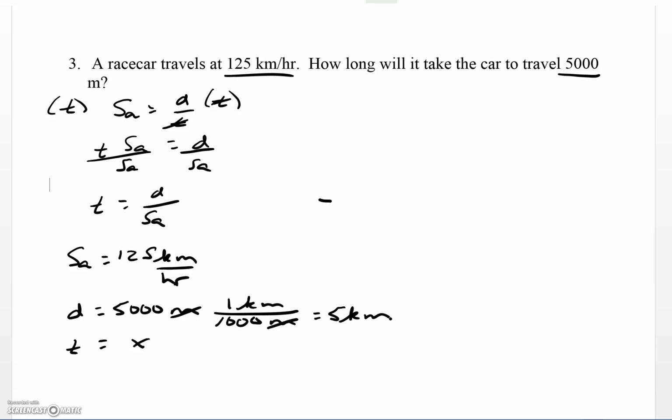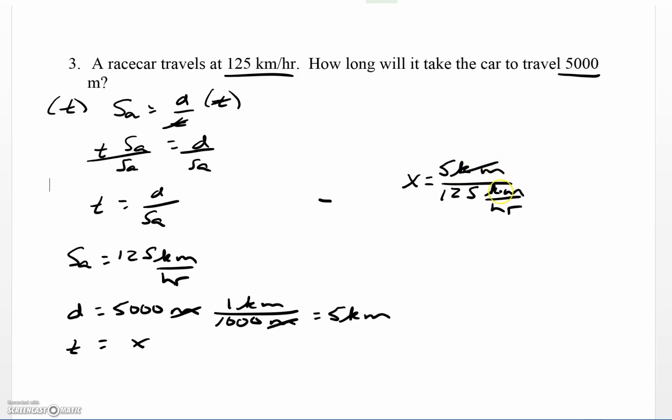We can plug our values into our equation and solve for time. So for time, we're going to plug in x. For our distance, we're going to plug in 5 kilometers. For our average speed, we're going to plug in 125 kilometers per hour.